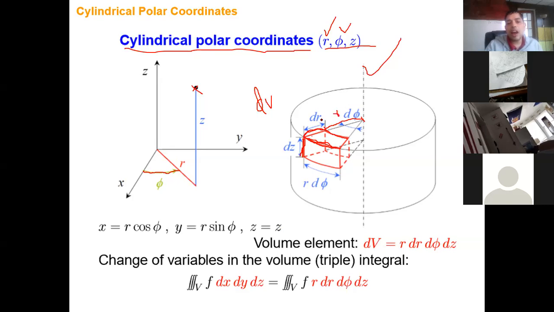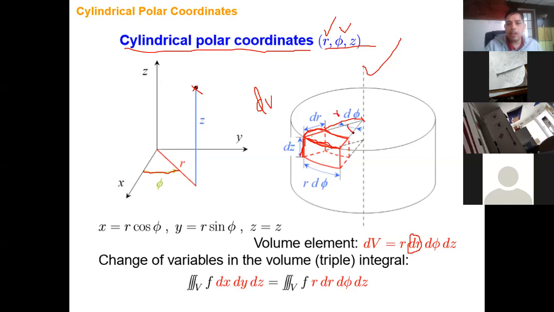So length is dr. Then what is the width? The width is this one, from here to here. How much is the width?